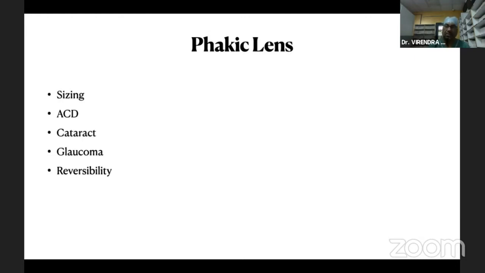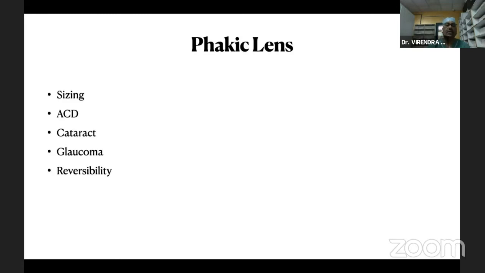It is rarely visible on torchlight, but on slit lamp examination it is visible. You can use antimitotics, you can use steroids, but in a very limited and safe manner only. In adults, we are more comfortable using these things. Another option, as I said in the beginning, is a phakic lens.